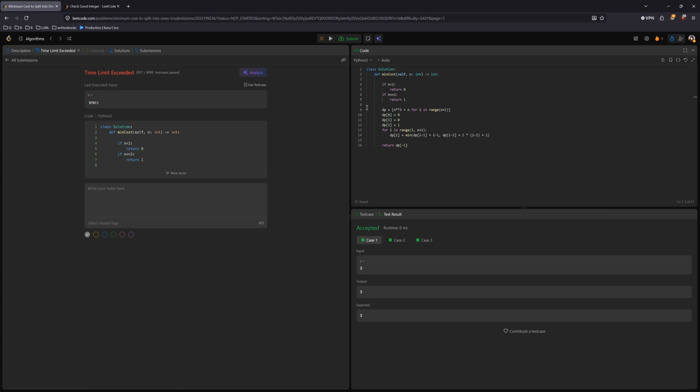I just realized something. We're not actually reusing any values. Maybe memoizing was a mistake.